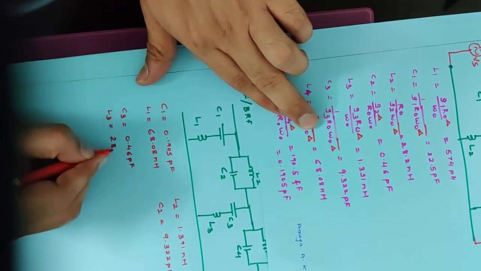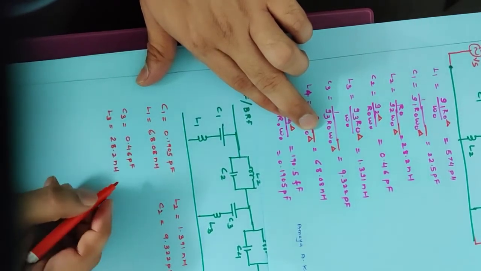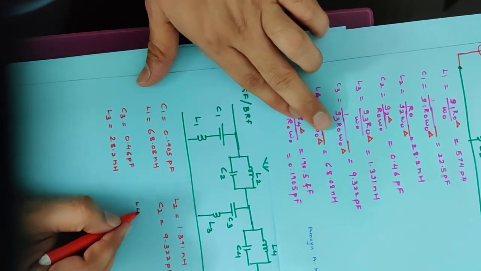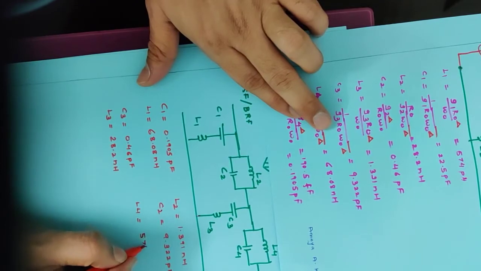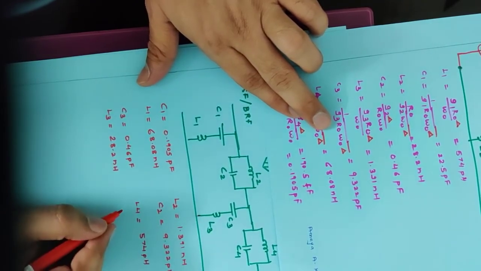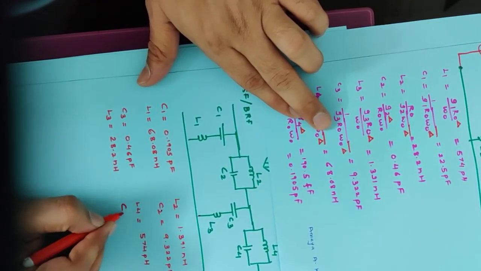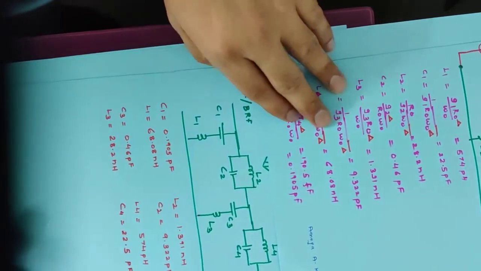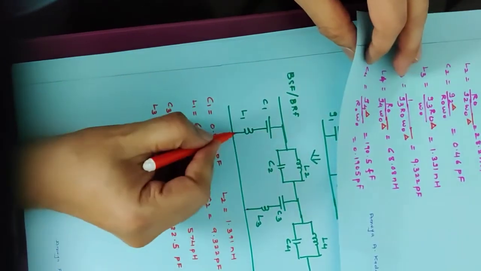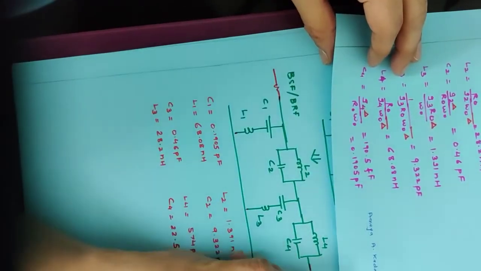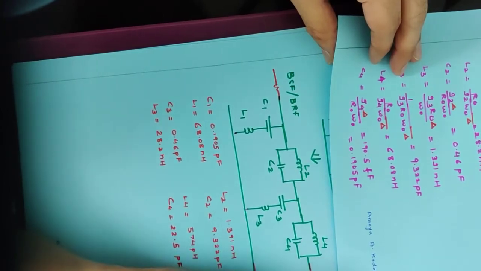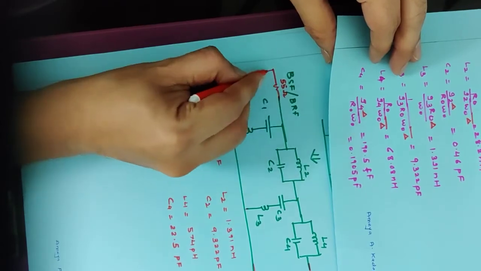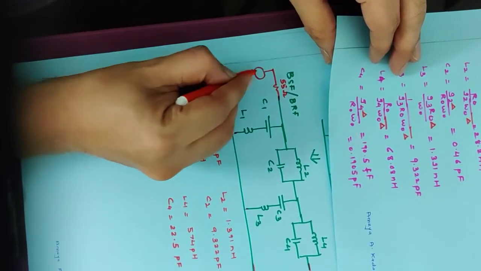L3 will be 28.2 nanohenry. And then I will have L4 as 574 picohenry and C4 as 22.5 picofarad. So this is solution 2. We complete this by placing RS and RL over here, 55 ohm, and I will have VS over here.